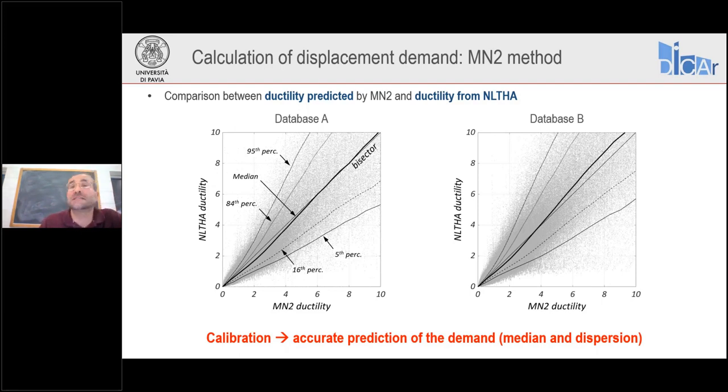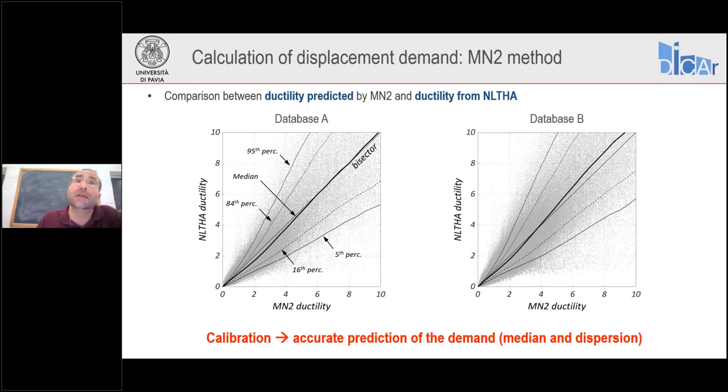Of course, there is still some dispersion in the results. This is because, again, we are using a static analysis. We are starting from elastic spectra and modifying them into inelastic spectra. There are several problems involved in these operations, so the method is not perfect, it's not exact.